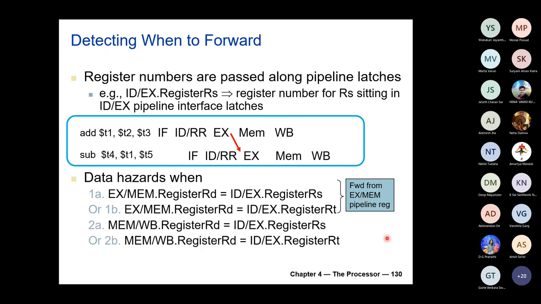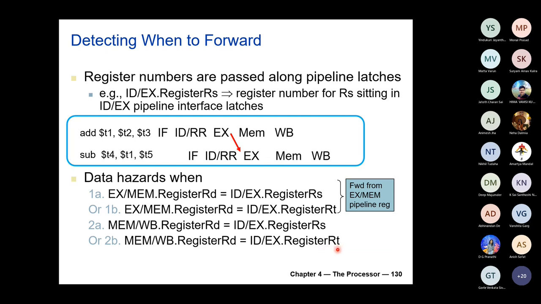Now this may be a load instruction also. In that case, you may have to forward from here. So the condition would be that the MEM/WB register destination register is the same as the source register at the ID/EX stage. And since there are two source registers here, you check the other case also.